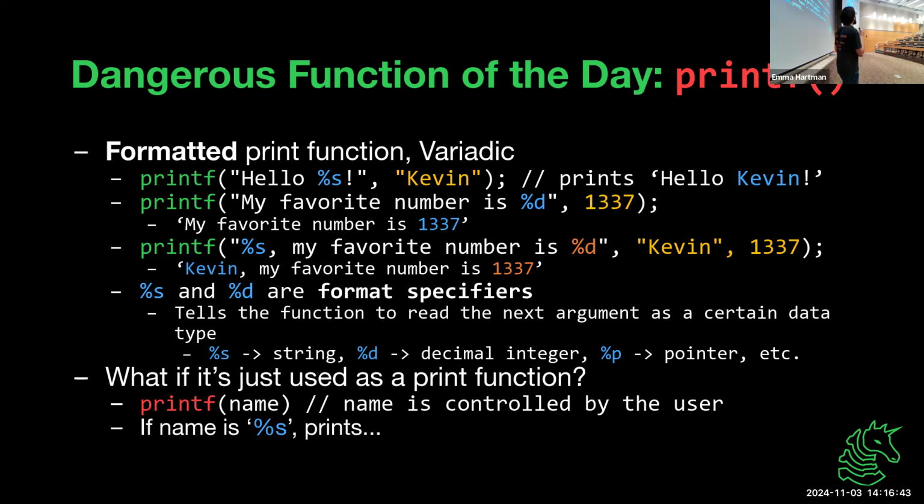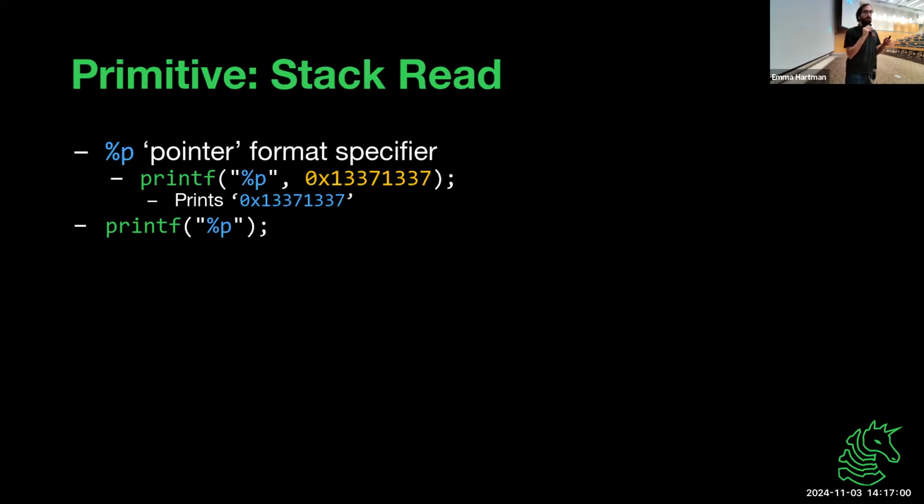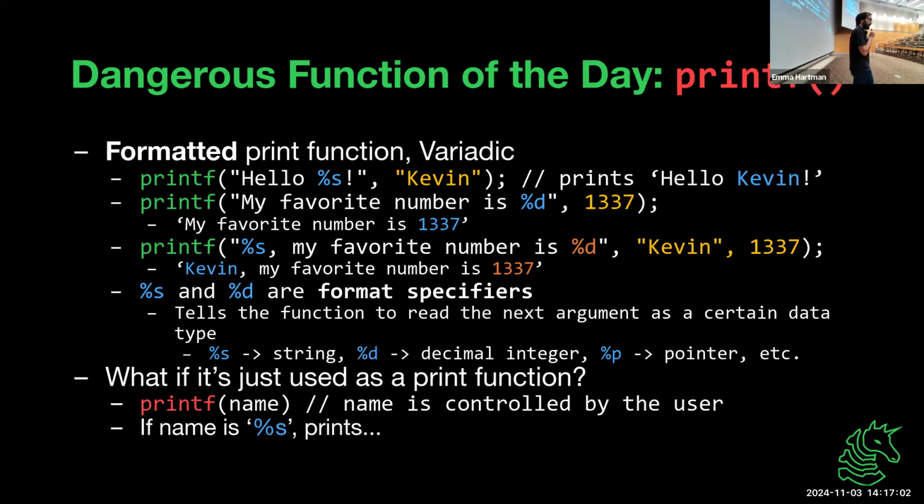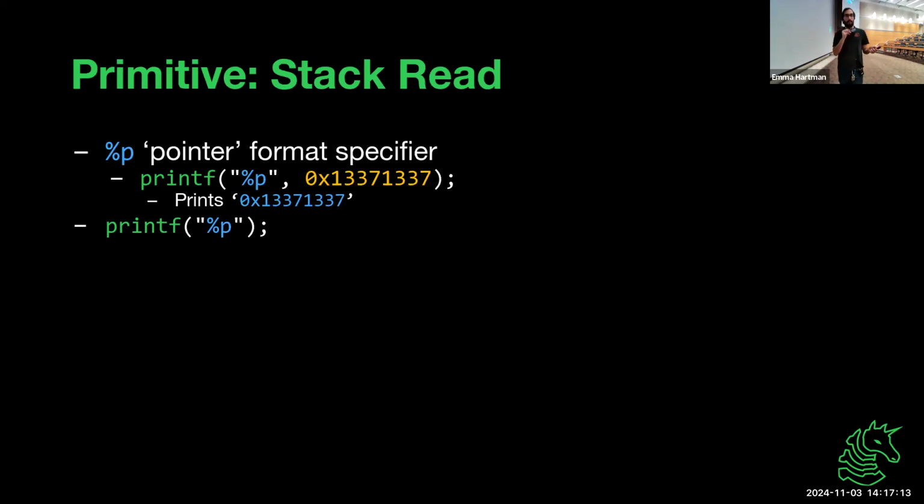And this is because printf is a variadic function. In C, you can define functions that take an arbitrary amount of arguments, right? Because if I give you a string that has 15 format specifiers, it's going to look for 15 arguments. So what happens is it's going to look for a value after name. But if the code never specifies something, weird things can happen.